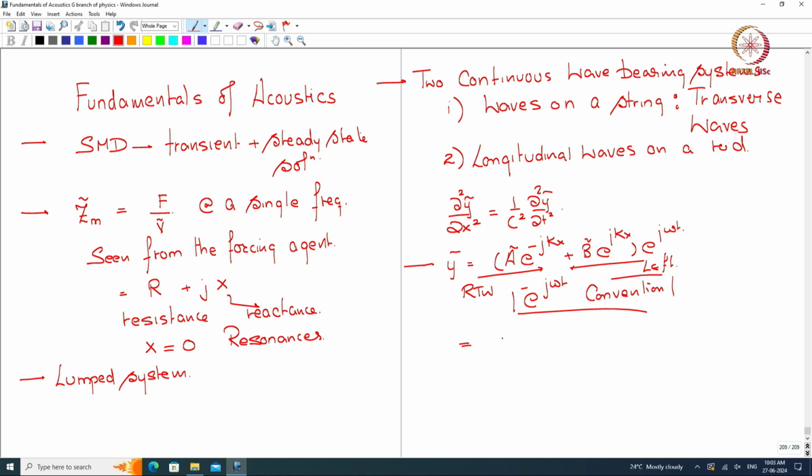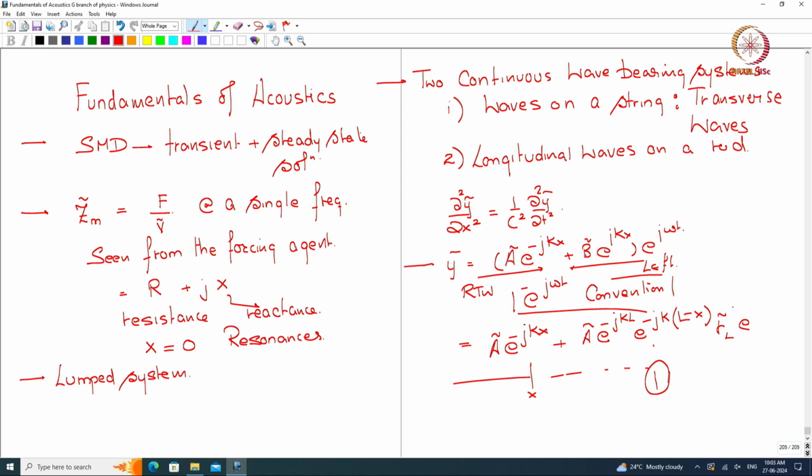and we interpreted this also as A tilde e to the power of minus j k x at a location x plus A tilde, a full travel and a reverse travel of L minus x and a modification at the boundary.